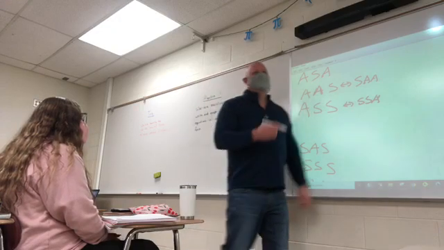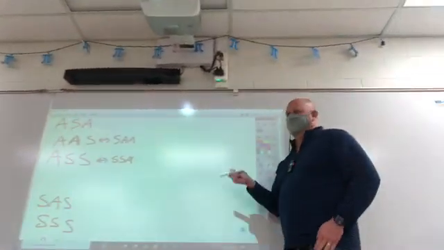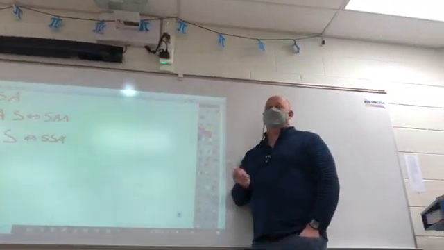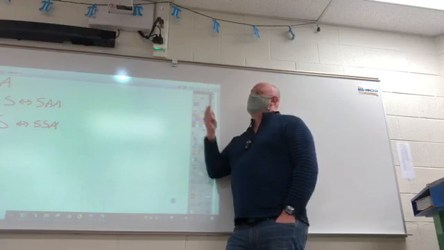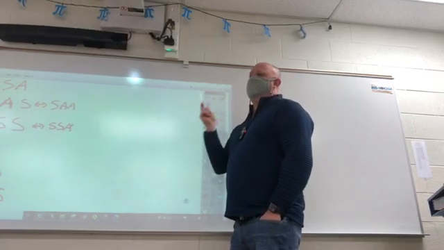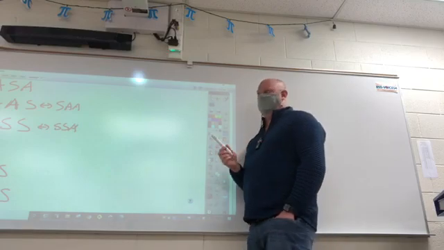Okay. So my question to you, if I gave you this scenario, because this is basically what your test is going to be. I'm going to give you 3 pieces of information on a triangle. Your job, solve it. If I gave you angle, side, angle, would you have a pair?